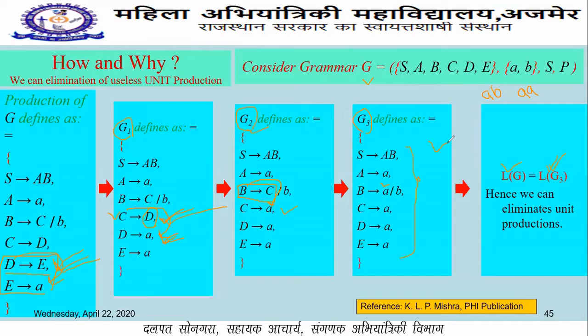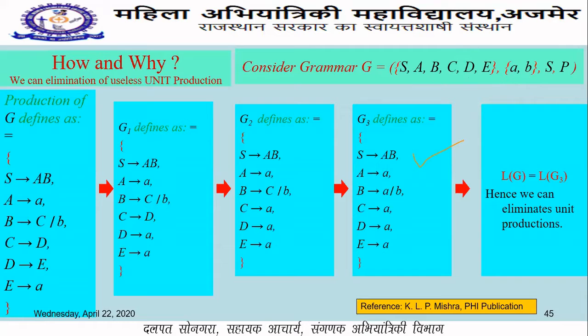Hence, when we eliminate unit productions in a given grammar, the result is an equivalent grammar of its previous form.